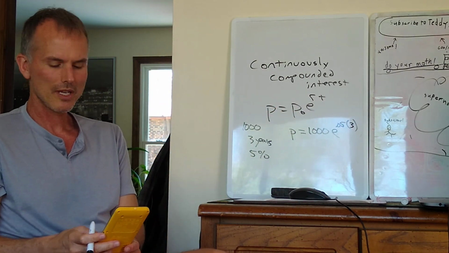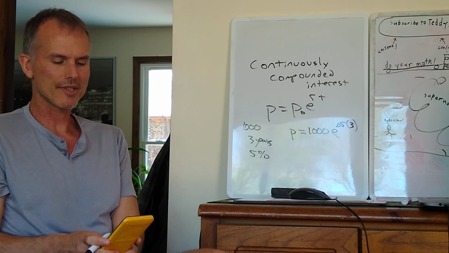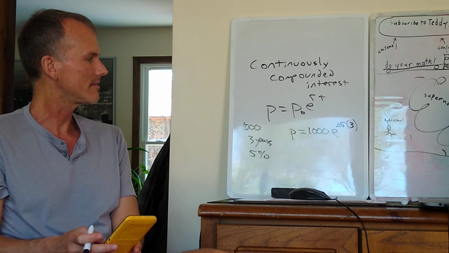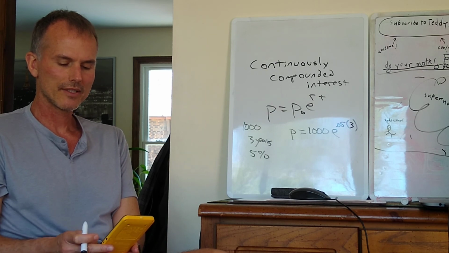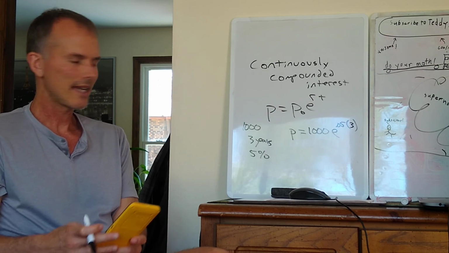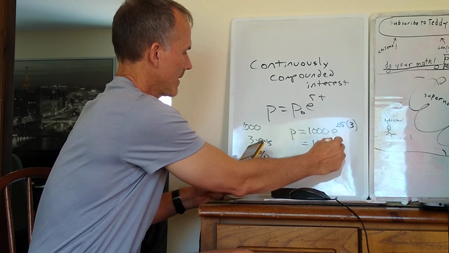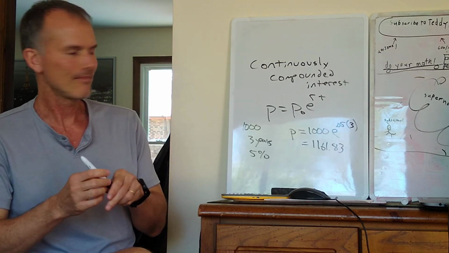So 1,000 times, and I'm just going to use the e that's right above the natural logarithm key, the ln, and then in my exponent I go 0.05 times 3, and I end up with 1161.83.